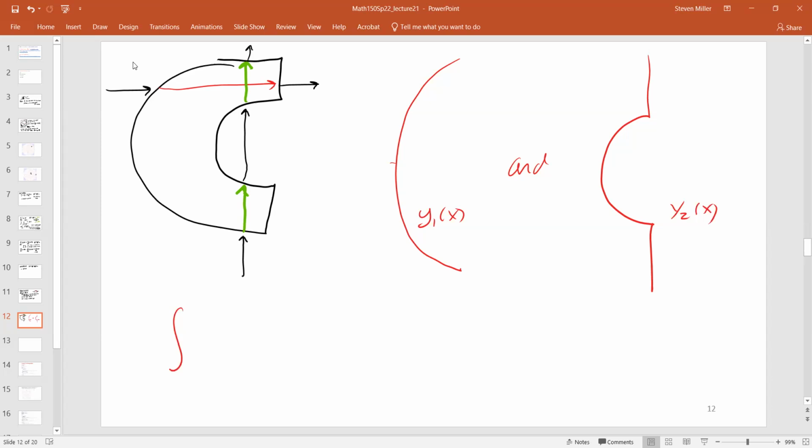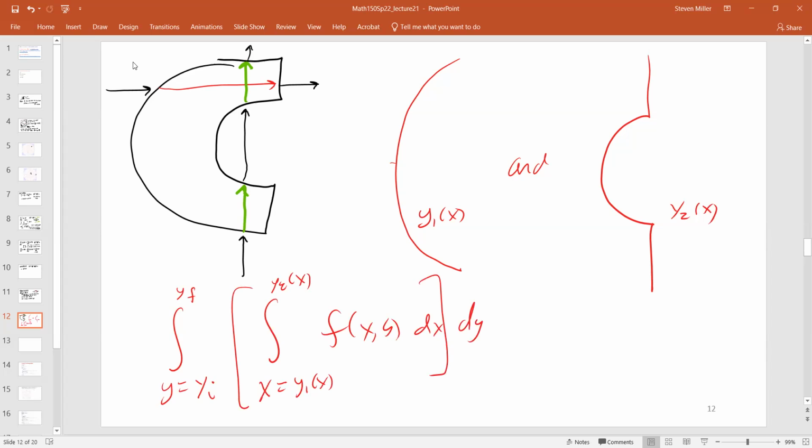And so I could integrate y goes from y initial to y final, and then x goes from y1 of x to y2 of x, and then my function f of x,y dx dy. So this would be how I would do the integral. And I have two very nice boundary curves, y1 of x, y2 of x.